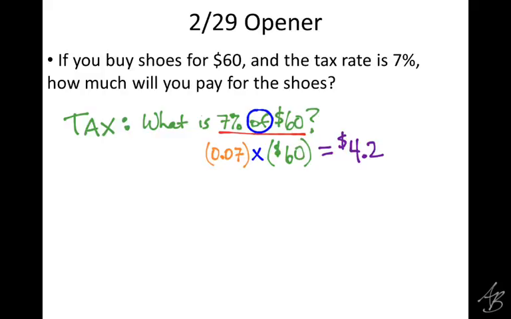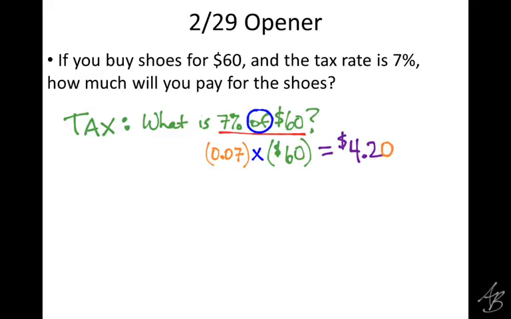It is 20. Why is it 20? Because the 2 here is in the tenths place. And when we're talking about money, this is something else that we're going to be dealing with a lot. When we're talking about money, we want the hundredths place. So since the 2 is in the tenths place, what can I put in the hundredths place? A 0. So it's $4.20.